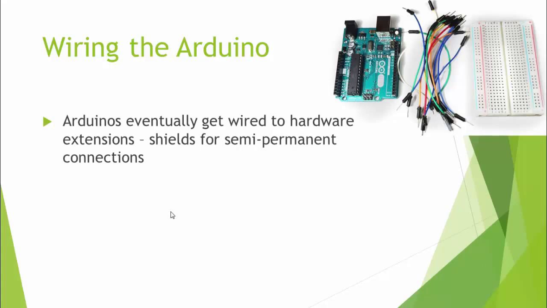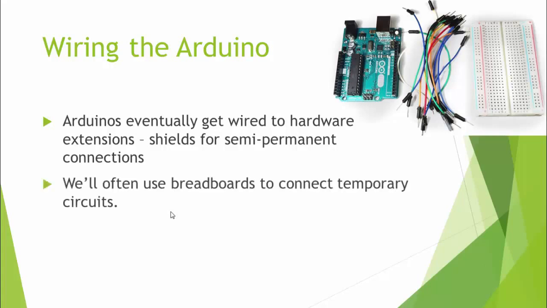For semi-permanent devices, we would create our own hardware shield that essentially sits on top of the Arduino, allowing us to make semi-permanent connections. For our more temporary projects we tend to do in the class, we'll use our familiar breadboard and connect it up via some jumper wires.